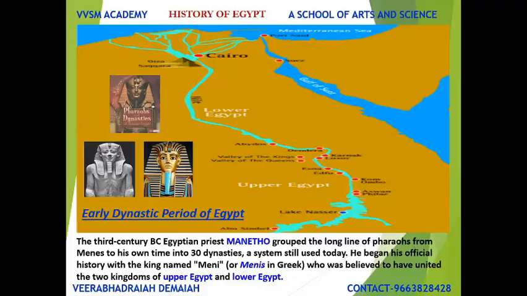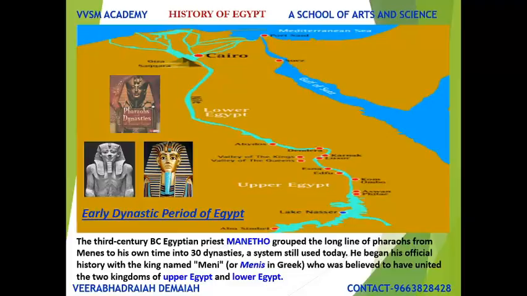The 3rd century BC Egyptian priest Manetho grouped the long line of pharaohs from Menes to his own time into 30 dynasties, the system still used today. He began his official history with a king named Mene, or Menes in the Greek, who was believed to have united the two kingdoms, Upper Egypt and Lower Egypt.